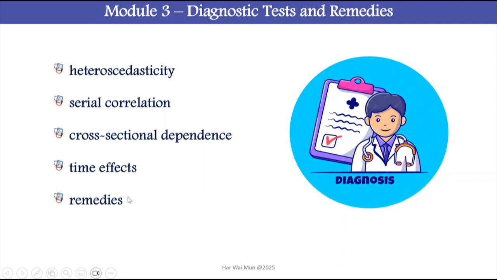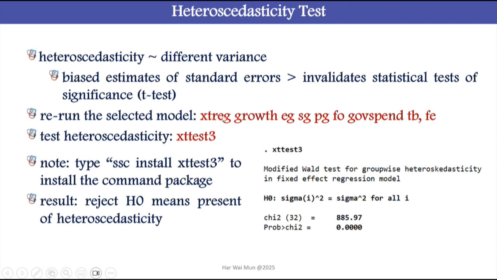Next, what is heterogeneity? It means different variance, so a biased estimate of the standard error. Heteroscedasticity will cause your standard error to be biased. If your standard error is biased, then it invalidates your statistical test of significance, because whether you are significant or not depends on your standard error.